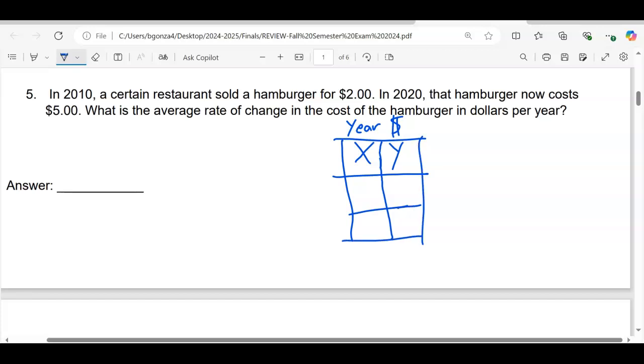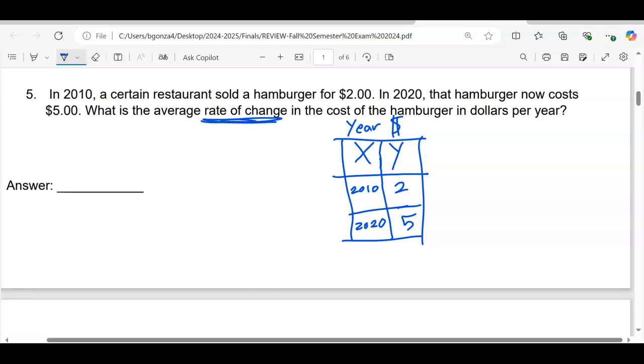All right, so 2010, and then for $2, and then 2020 was $5.